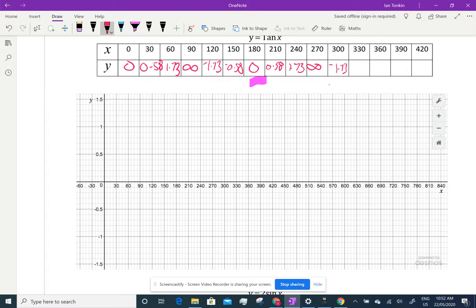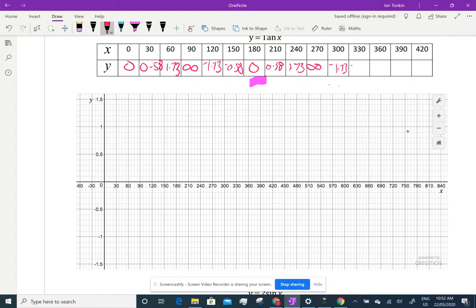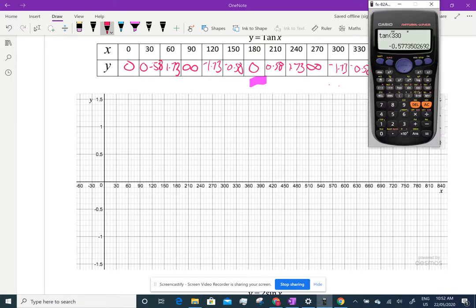What do you reckon? Tan 330. Yes, as I suspected, and possibly you did, negative 0.58, which means that'll be 0. All right, well, I'm going to stop there, even though I've got the other ones.